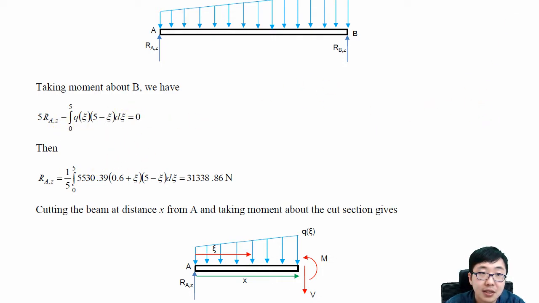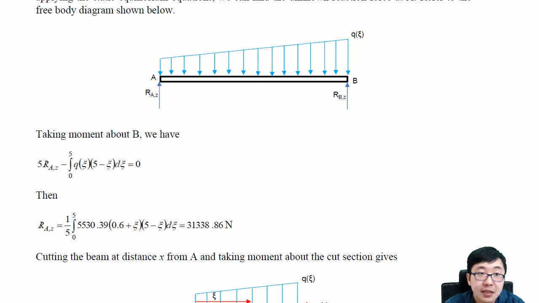So basically, let's see this one again. So 5 times, because the length is 5 meter, and this is the reaction. I think A_y might be a better expression. So 5 A_y and integration, because what we need is the total force applied, that is the same as the area.